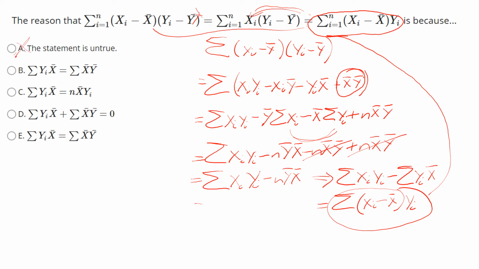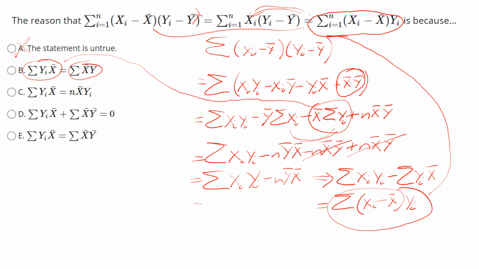What about B? Is it the case that the sum of yi times x bar equaling the sum of x bar times y bar is what enabled us to rewrite these expressions in the way that we did? Given what we've just gone through, clearly that is in fact the case, right? If you consider this first term over here, that is identical to this term over here. Now consider this term over here.